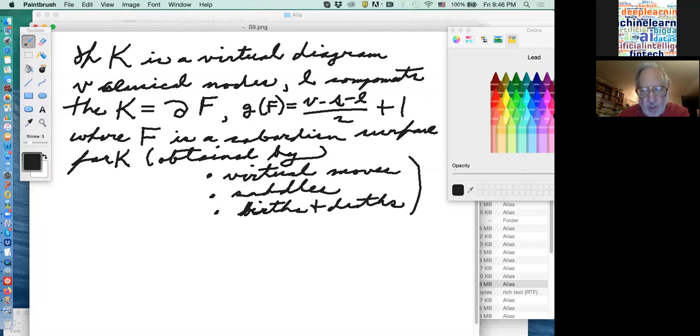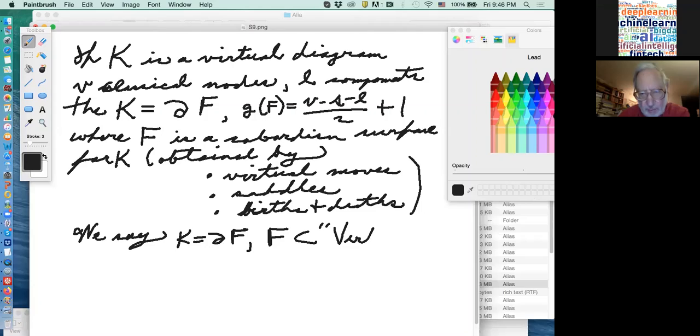So we say K equals the boundary of F. F is contained in virtual 4-space. So every virtual knot bounds a surface of some genus in virtual 4-space.